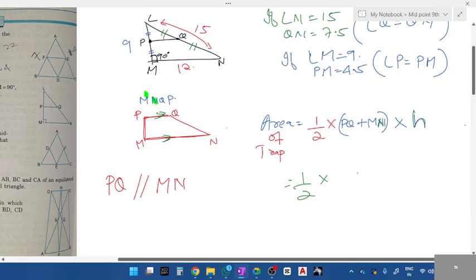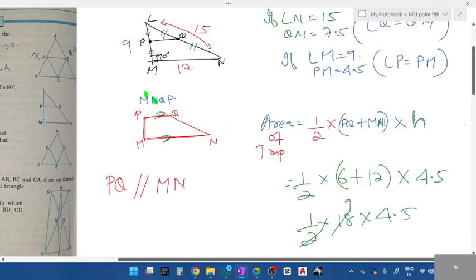If MN is 12, PQ is 6. Plus 12, into height. What is PM? If LM is 9, PM is 4.5. So half into 6 plus 12 is 18, into 4.5. Two ones are two, two nines are 18. So 9 into 4.5. Calculate this. This will give you the area of the trapezium.